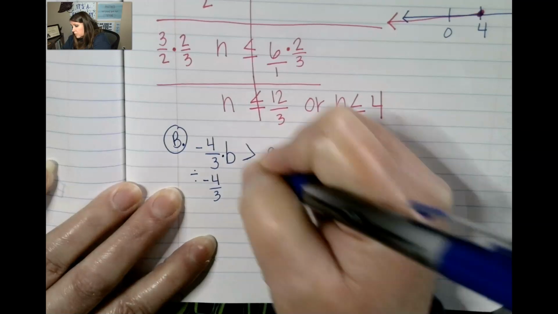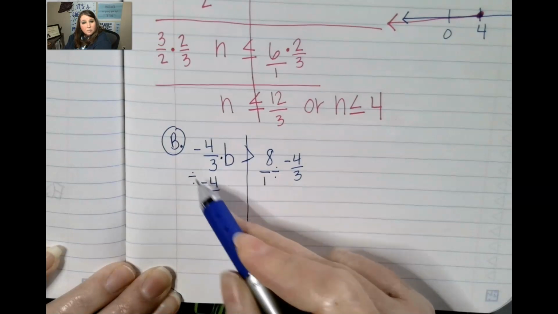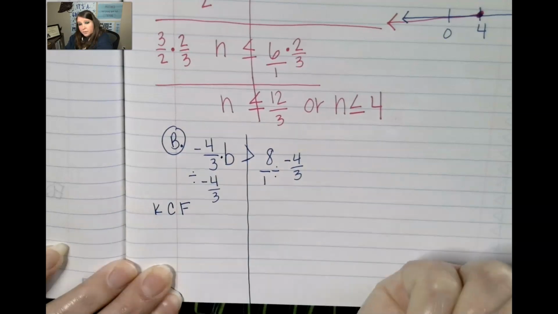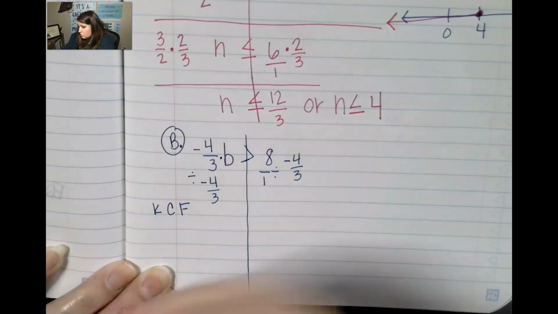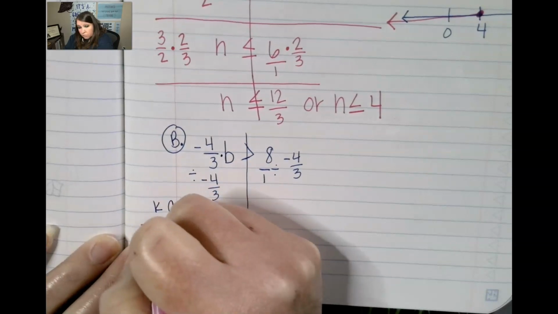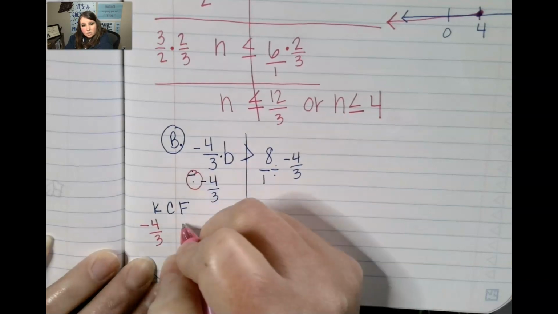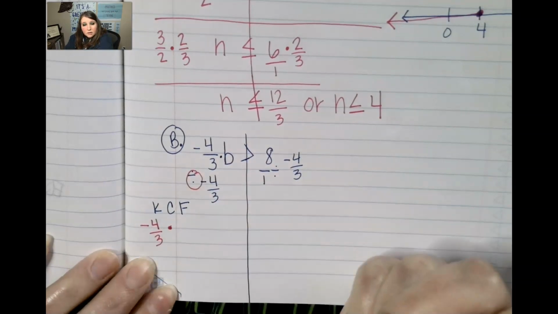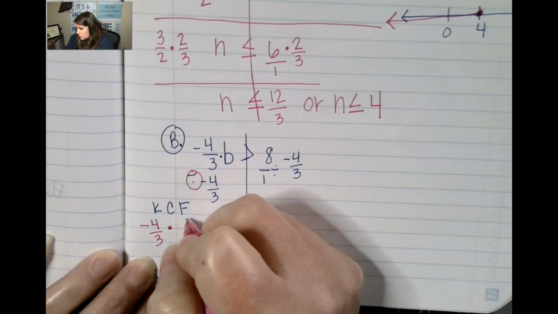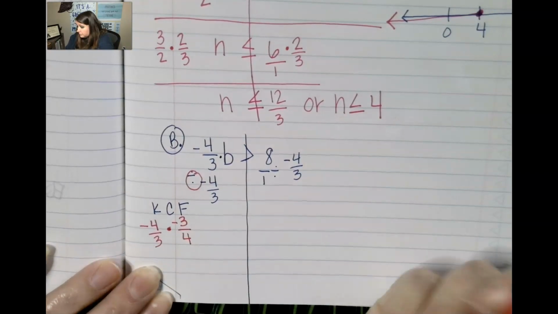We're going to turn this whole number into a fraction. Now, when we have a fraction divided by a fraction, we actually need to use keep, change, flip. So I'm going to keep my first fraction, which is negative 4 over 3. I'm going to change from division to multiplication. And then I am going to flip this second number. So this is really 3 over 4.